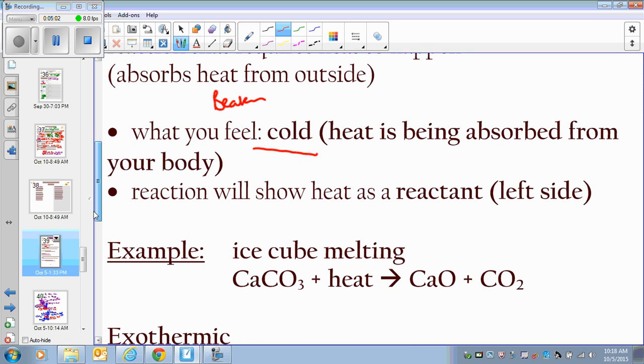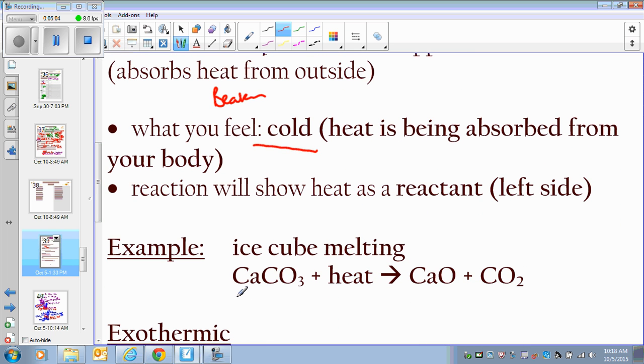So the reaction will show. So I have reactants on this side. They need to absorb the heat to make the products. So these are your reactants. Write it clearly. These are the reactants, and these are the products.